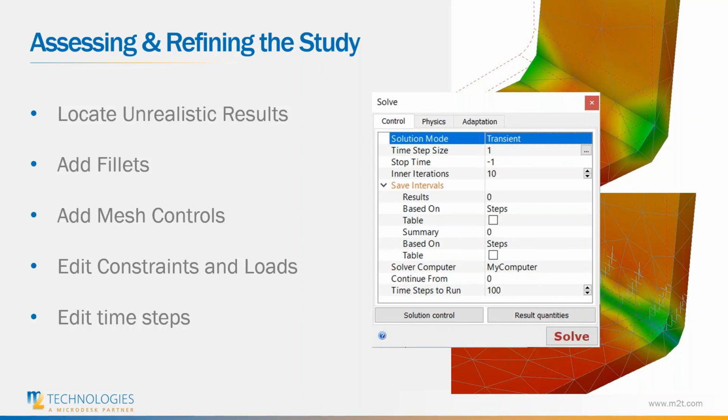However, it's important to know the more iterations you run within time steps, the longer it's going to take. So it's often recommended to run a quick study to begin with to make sure that all of your settings are acting the way you would expect before running a long study, possibly overnight.